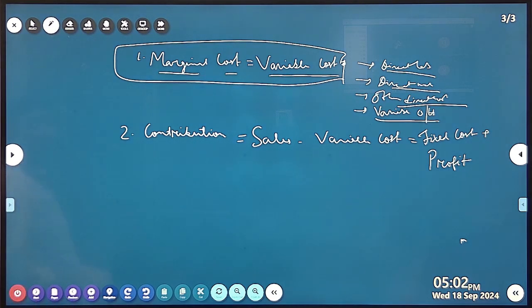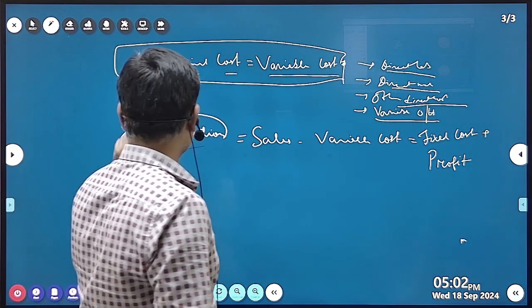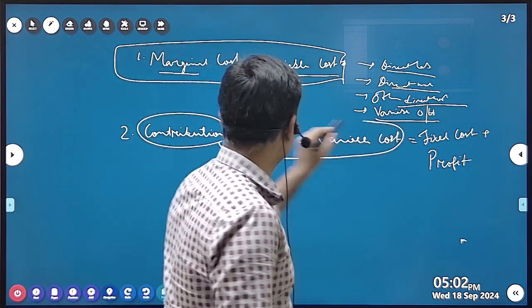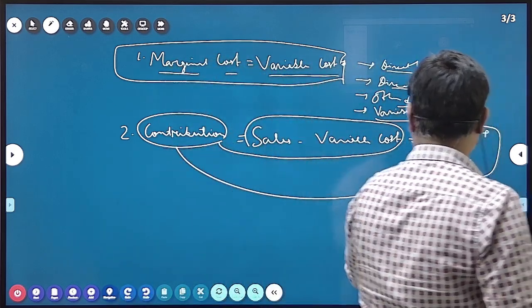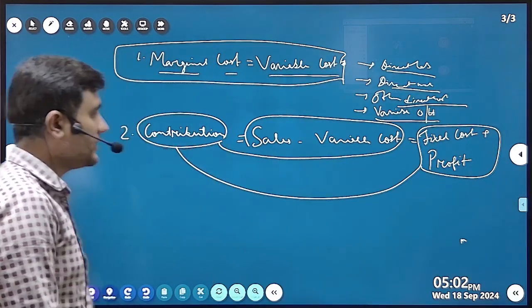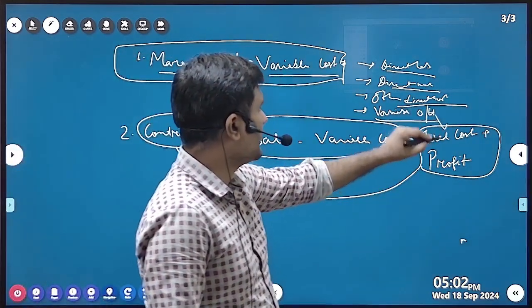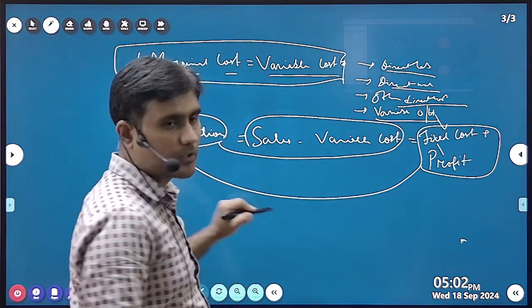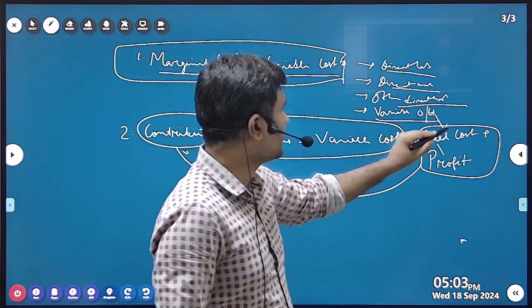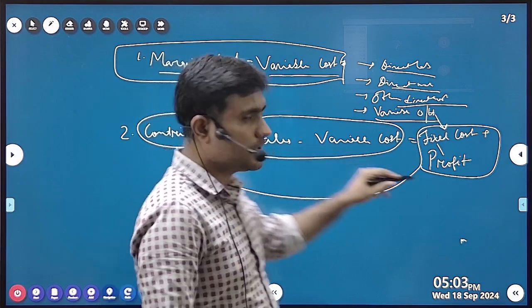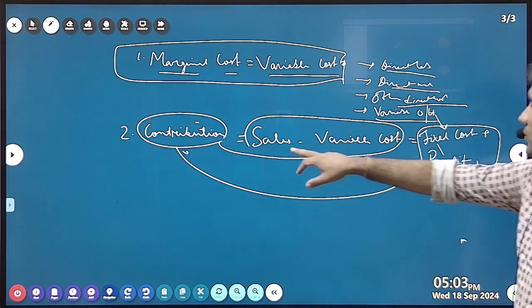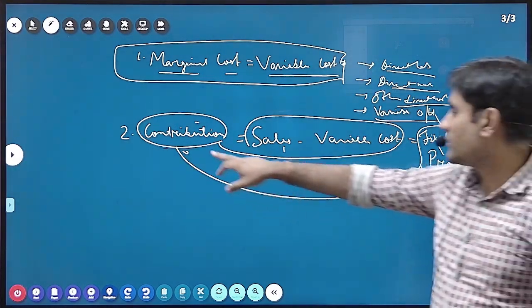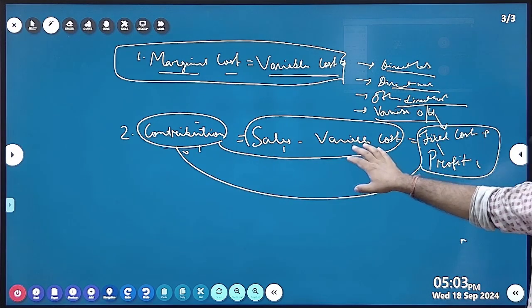So the question may come from this part, or the question may come from this part. The question may give you fixed cost and profit, and it may require you to find out contribution. The question may give you fixed cost and contribution, and it will require you to find out profit. The question will give you sales and contribution, and it will ask you to find out variable cost.